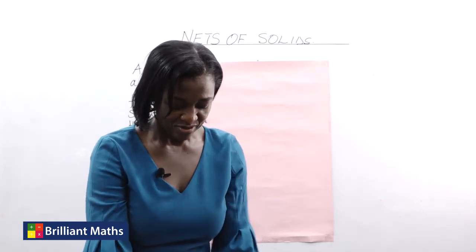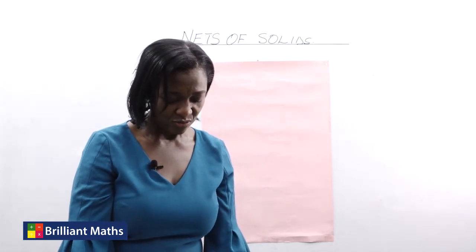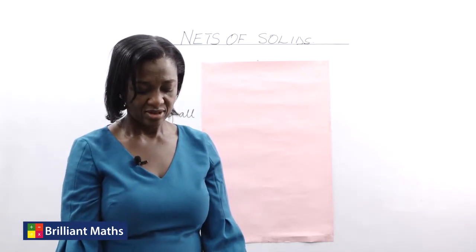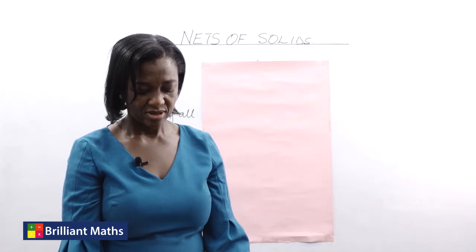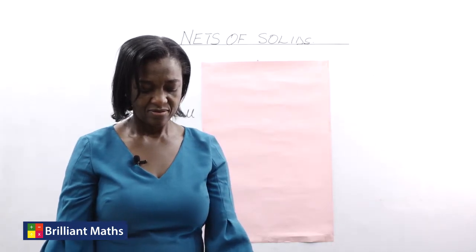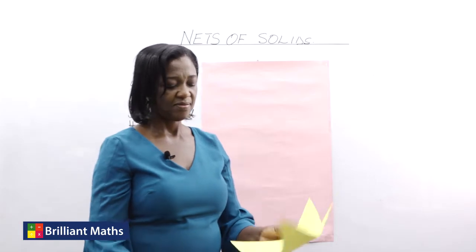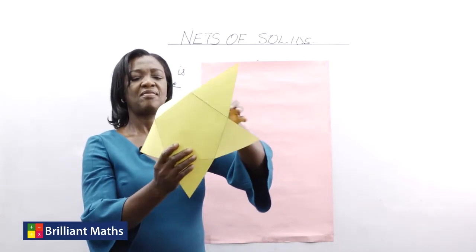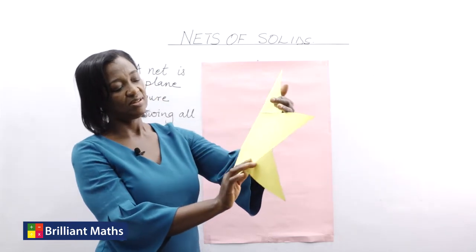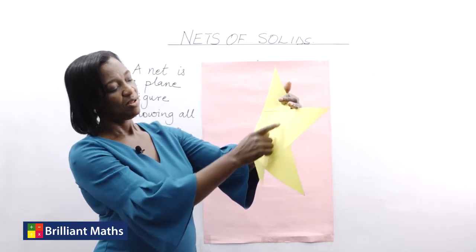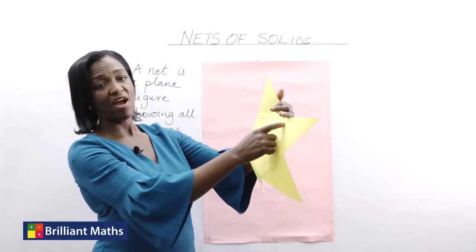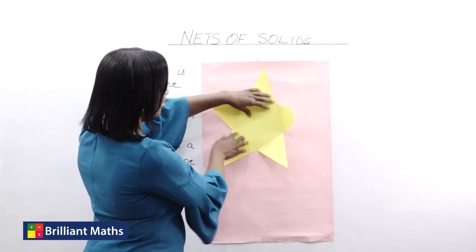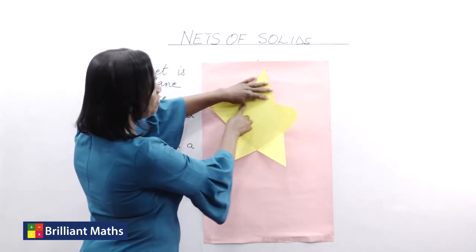Next, want to look at one more net. What can you see? 1, 2, 3, 4, 5. Again, the base is a pentagon.